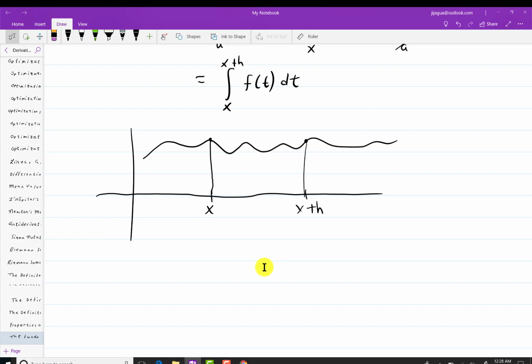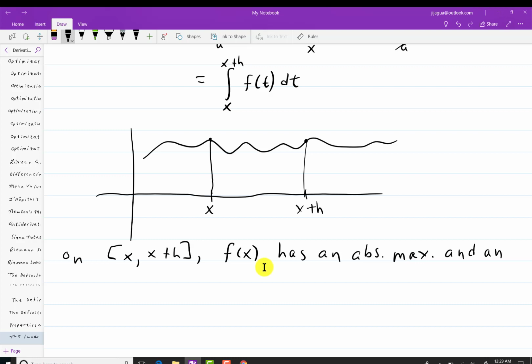So on the interval x to x plus h, f of x has an absolute max and an absolute min.